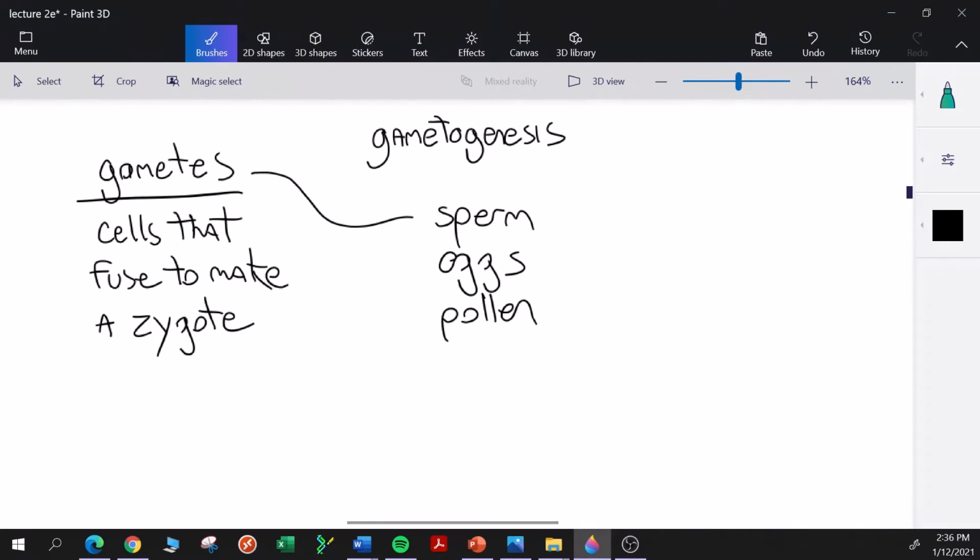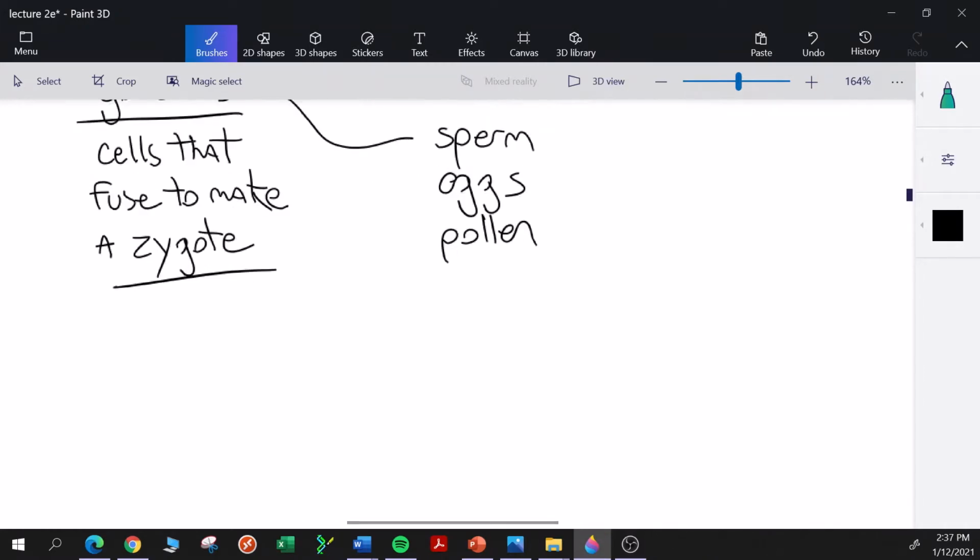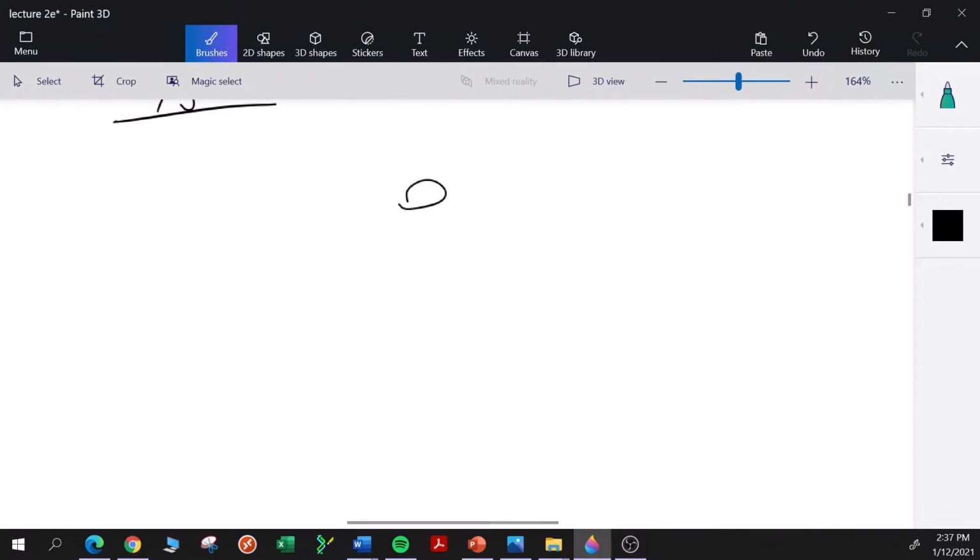As an example here, especially to review what a zygote is, let's say this is a human sperm and a human egg, or spermatozoa and ovum. There would be 23 chromosomes in there, one set in the sperm, one set in the egg. After fertilization, we have 46 chromosomes in a zygote.